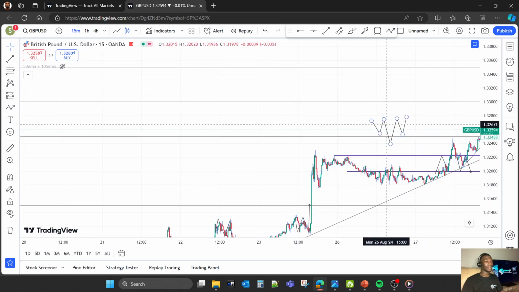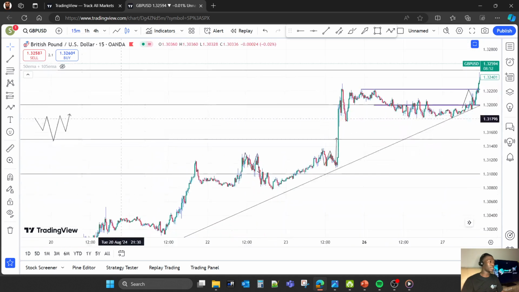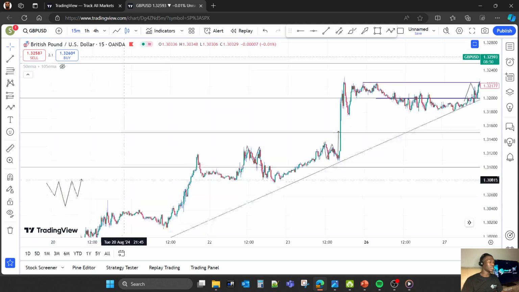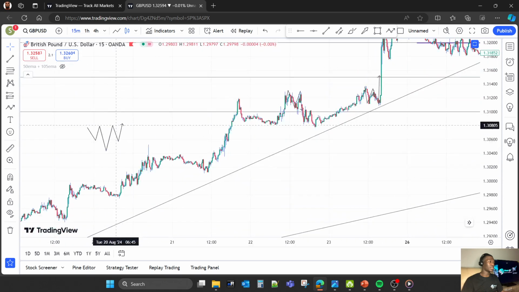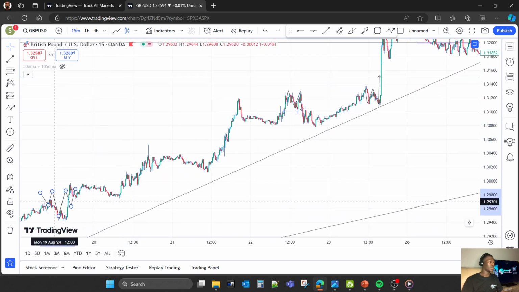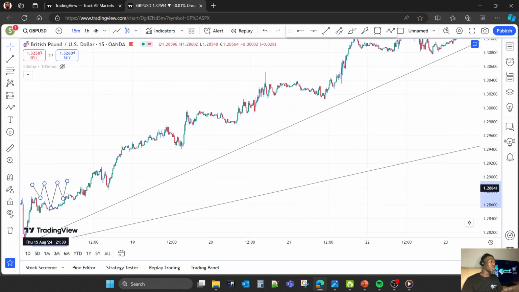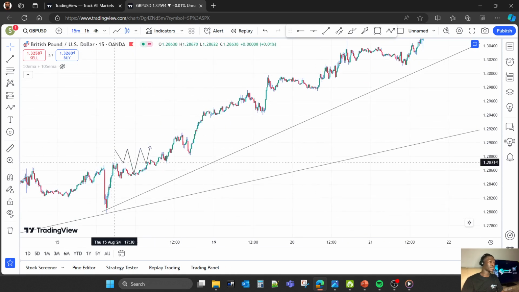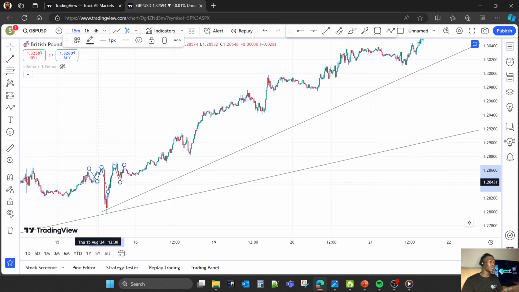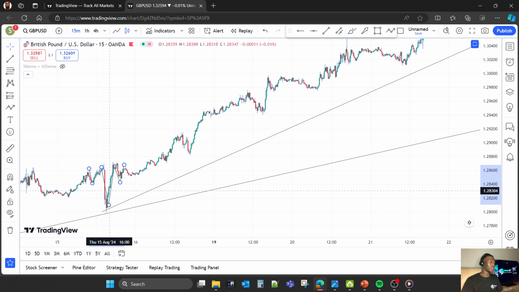I'm liking this one. I'm liking this, guys. So whenever you see these types of pattern, make sure you take advantage of them. You don't waste time. Understand? So as you can see, head and shoulder, perfect.